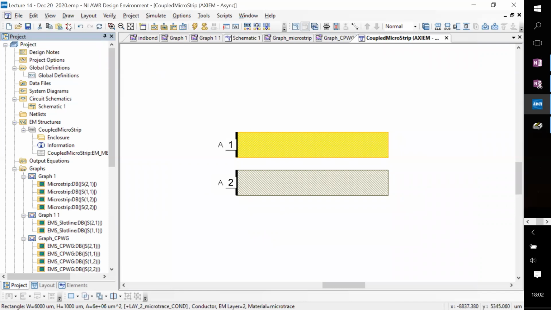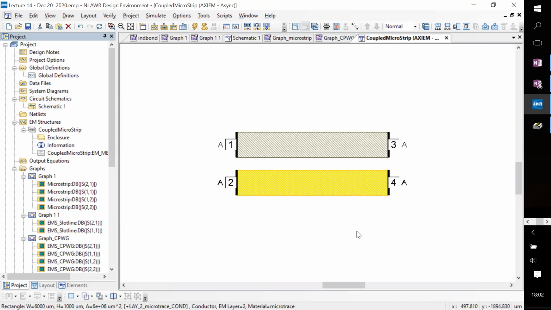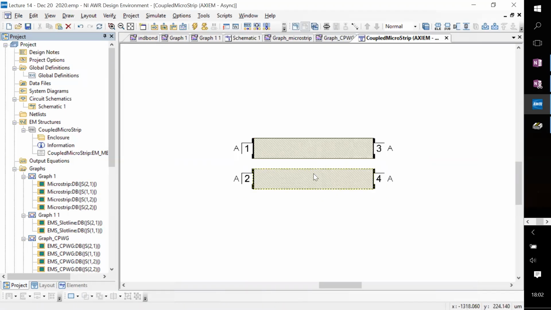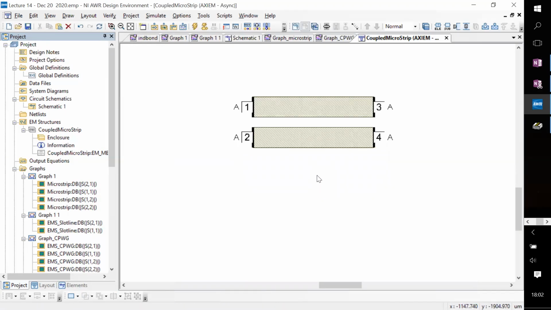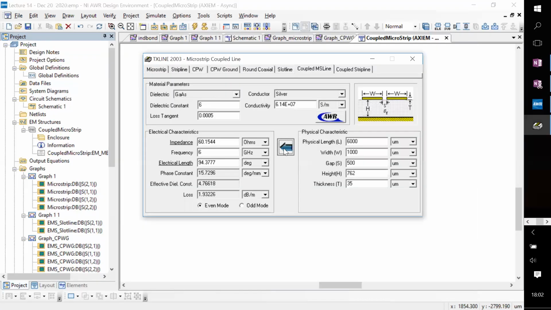So we're going to put 4 ports. And let's see, so even mode impedance was about 60 ohms. The odd mode was 41 ohms. Okay.